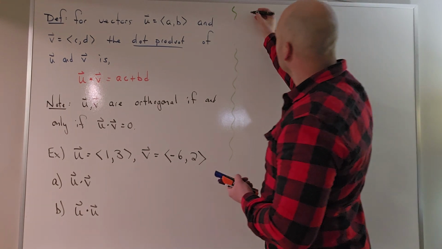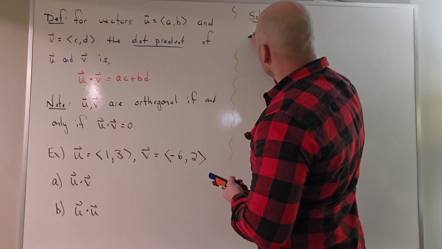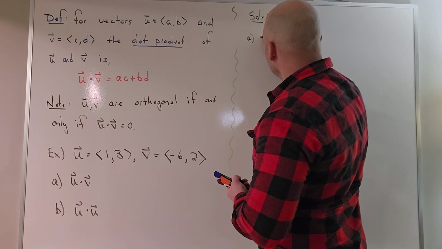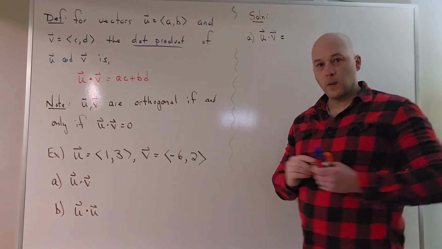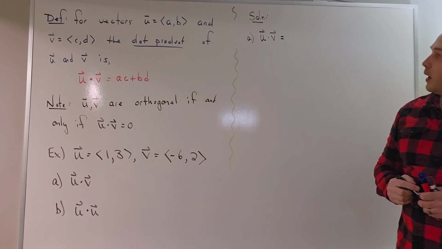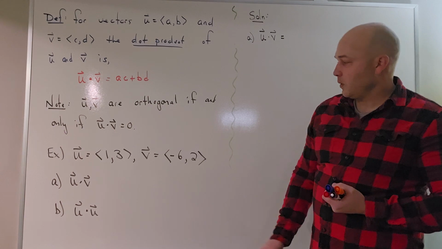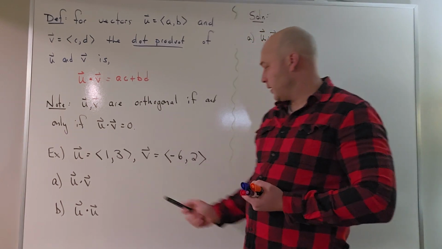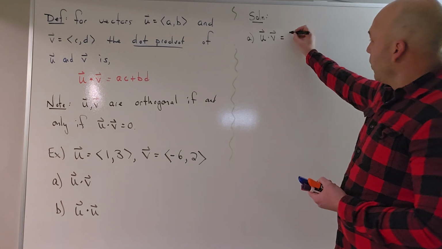Solution. The product of the two vectors u and v, u dot v, given 1, 3, and then -6, 2, would be computed as follows.